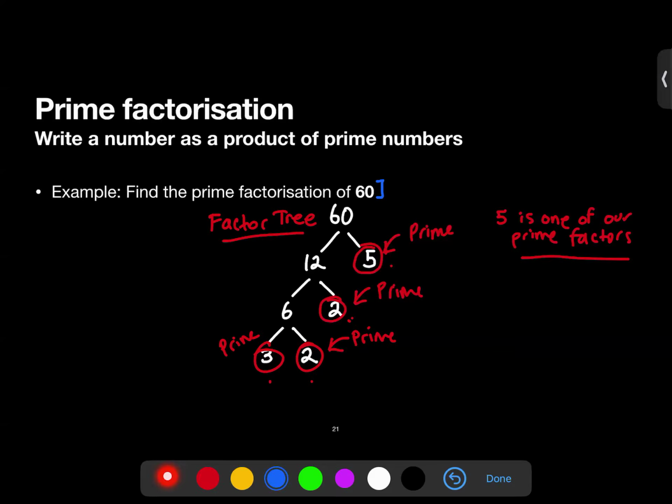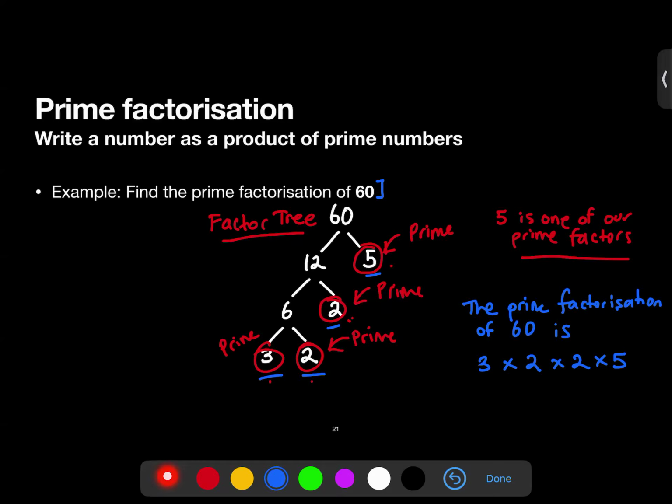So the prime factorization of 60 is 3 times 2 times 2 times 5. So 3 into 2 into 2 into 5.